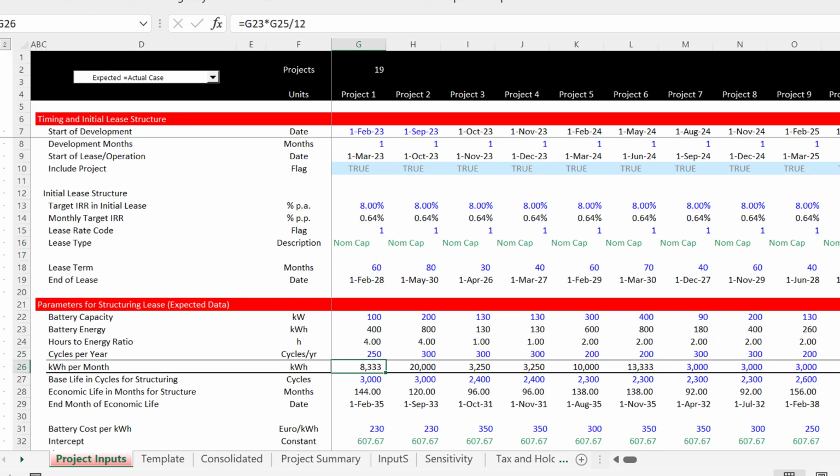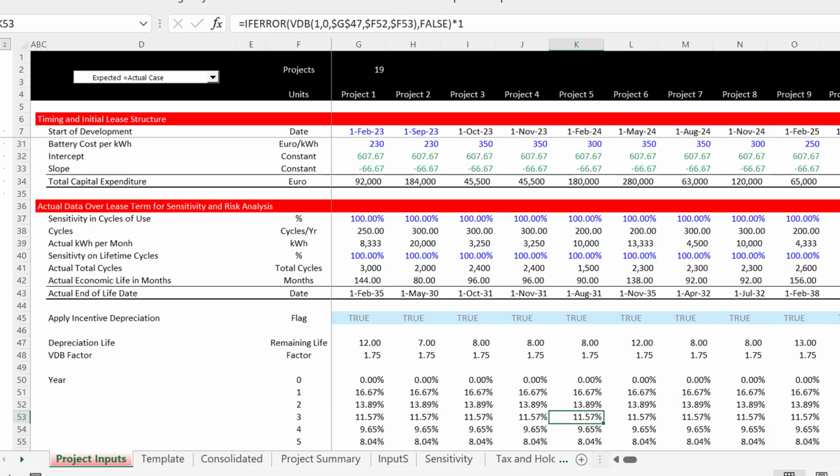If we have the total cycles in our battery, say 2,000 cycles, maybe I'm going to go really extreme and put 1,500.